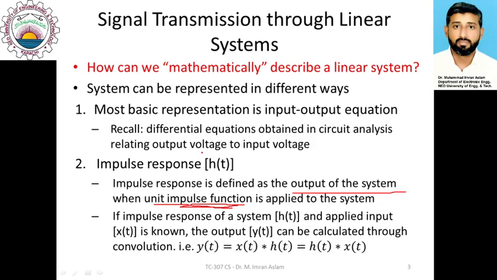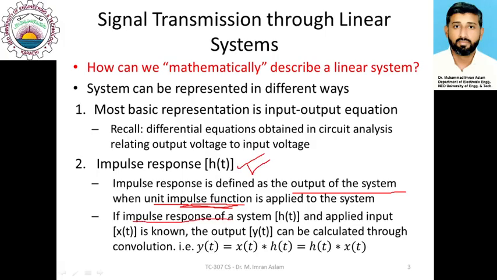As I mentioned, any suitable description of the system should provide enough information to calculate the output whenever the input is known. Similarly, the impulse response also has this property.